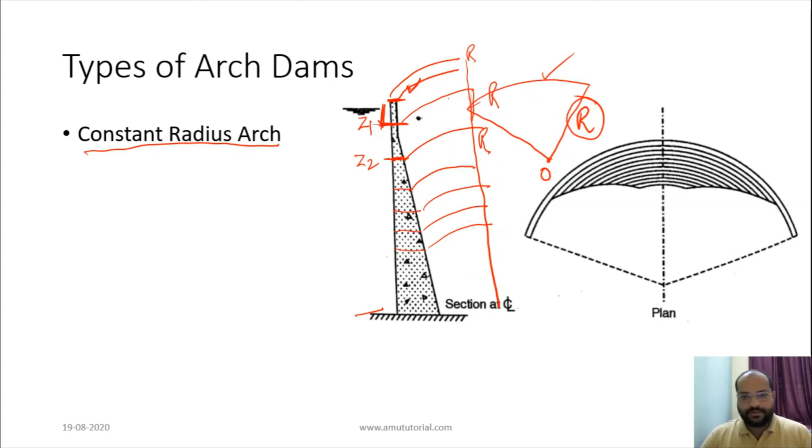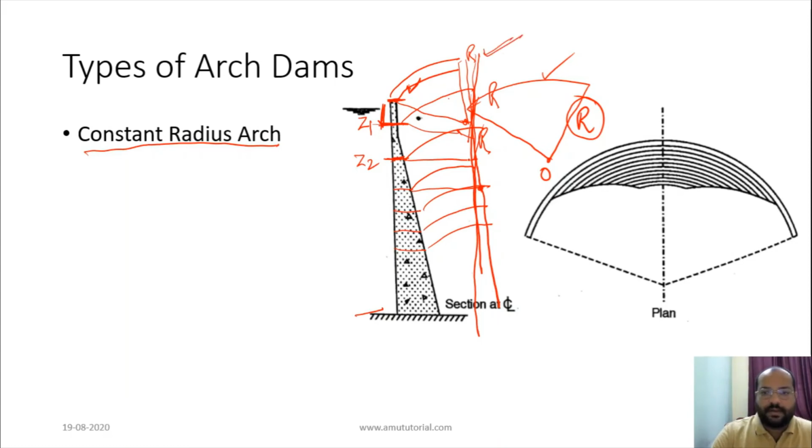Have you understood? Now what will happen, suppose this is the center. Remember this, that the centers will lie on the same vertical line, not horizontal but same vertical line, but all these centers will be at different levels.